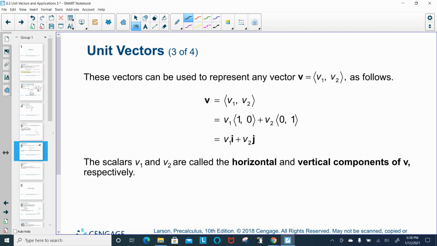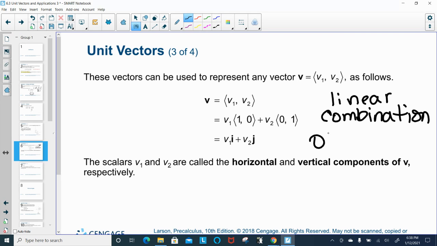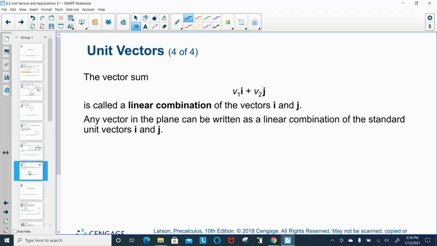So we can do what we call, I'm going to write this over here, a linear combination of i and j. And there's the notes on that.